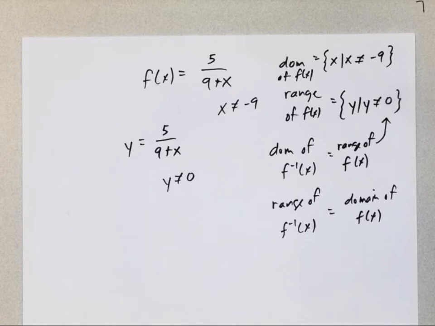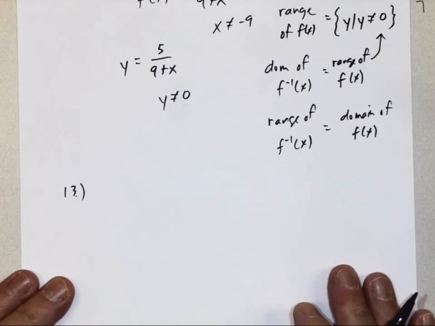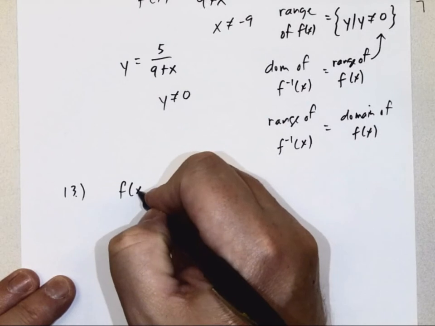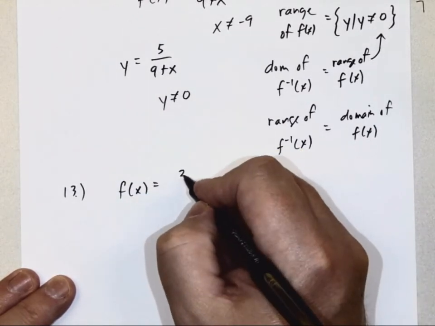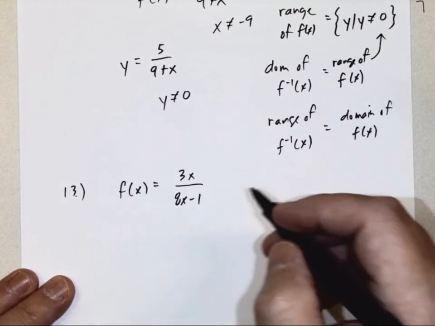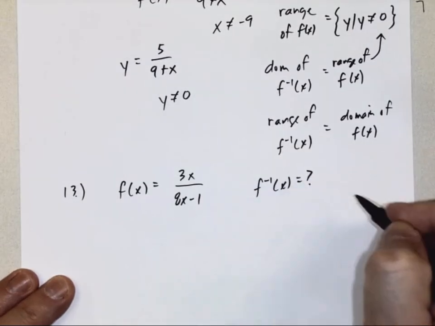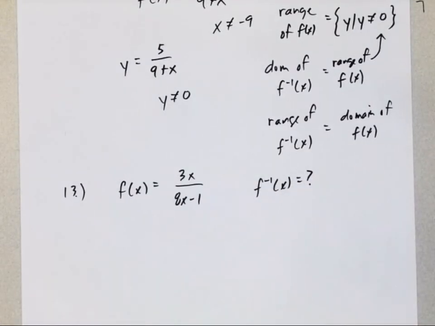Now problem number 13 is almost the same as the problem I just did, so just to save time, I'm going to skip it. There's nothing new. Just so you know, the problem I was given is f of x equals 3x over 8x minus 1, and you're asked to find the inverse function and then the domains and ranges.